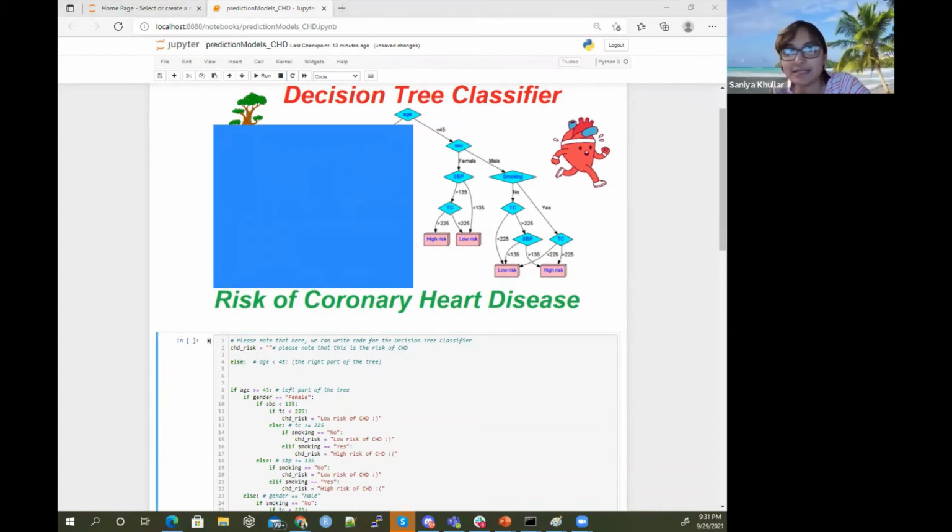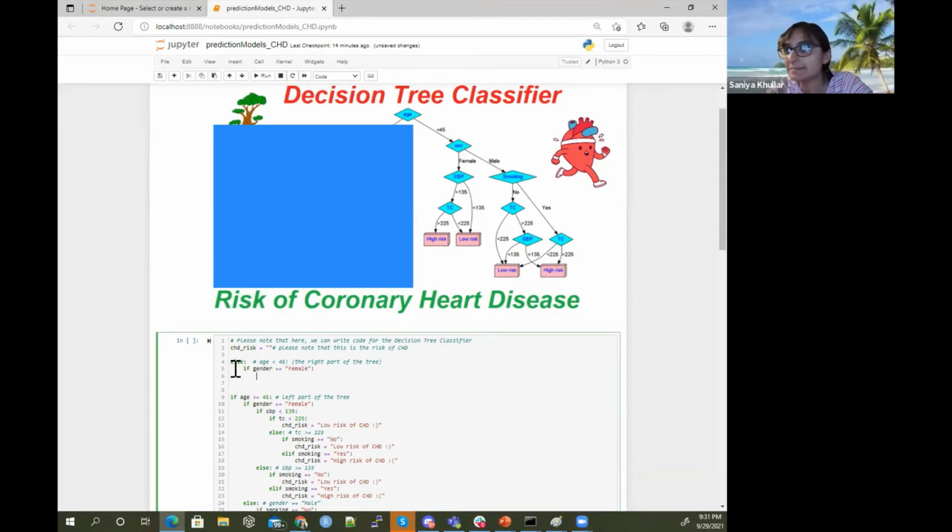So this else has brought us to this tree here. So again, we can focus on gender, and we can focus on if gender equals female. And then this else is gender equals male. So this is the right part, and this is the left part. The female part is here and the male part is here.